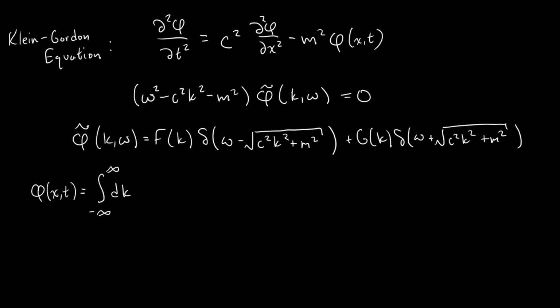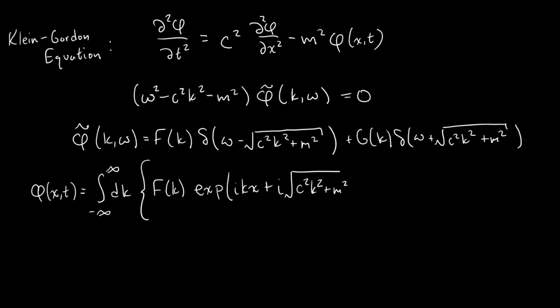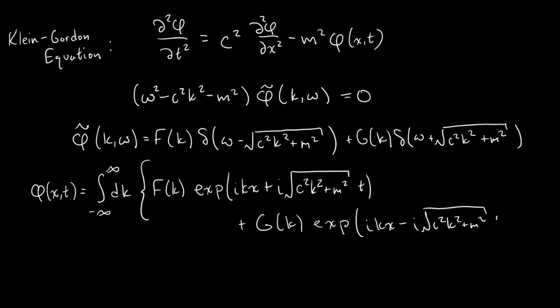I'll skip down to after we've collapsed the integral over omega, and I get something like f of k, my exponential, and I get ikx plus i square root of c squared k squared plus m squared, all of this times t, plus ikx minus i square root of c squared k squared plus m squared times t.